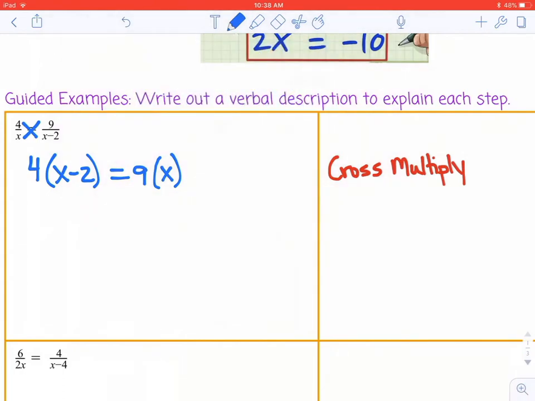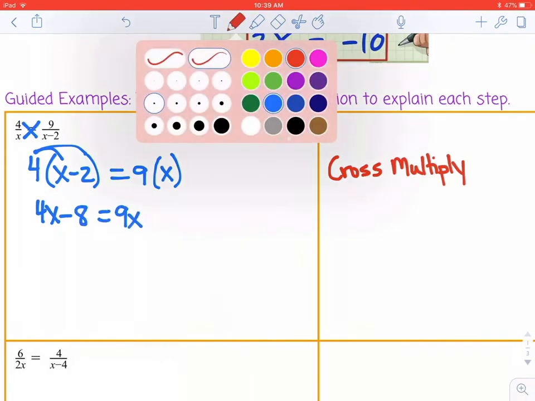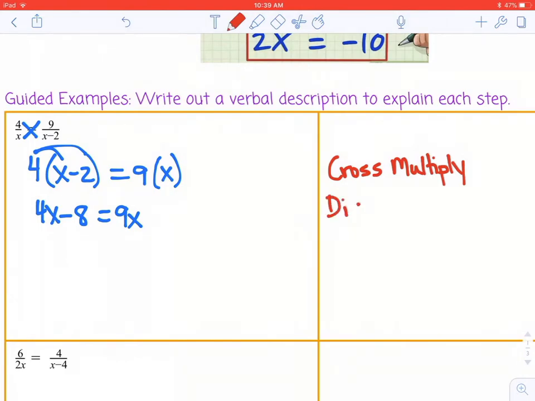The next thing we need to do is distribute the 4. So we get 4x minus 8 equals 9x. So let's say that we had to distribute the 4. All right, and then our next step, we want to put the x's on the same side, so let's move the smaller one.